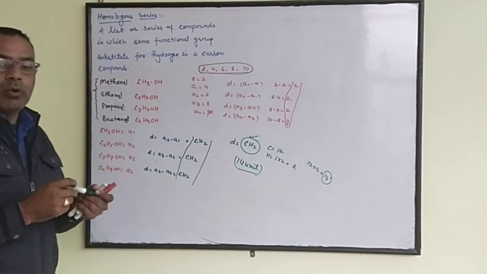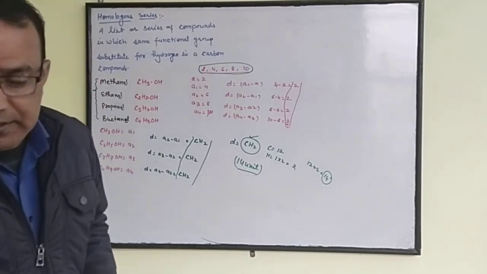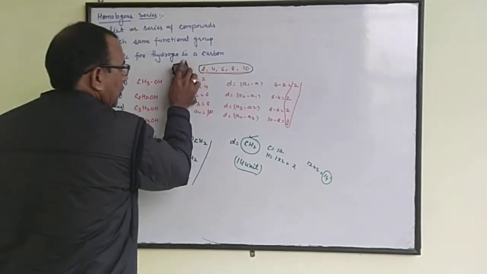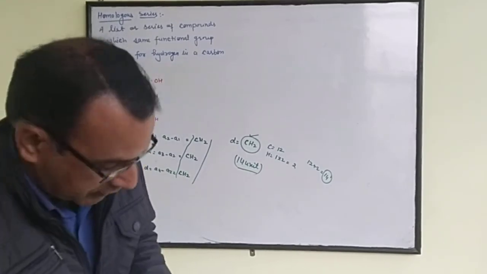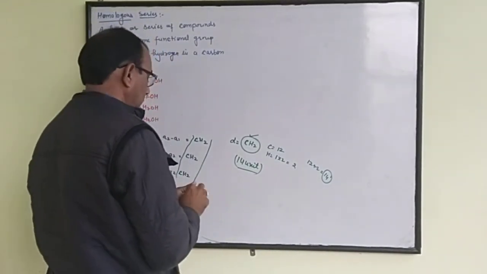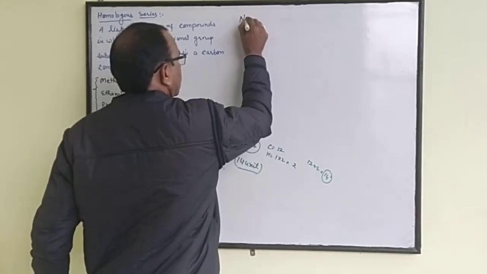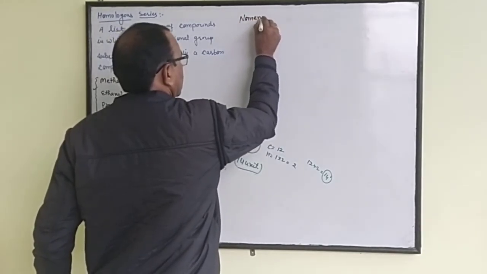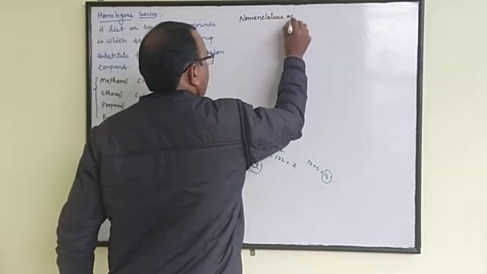This is the homologous series. The next one is nomenclature of hydrocarbon compounds. What do you mean by nomenclature?